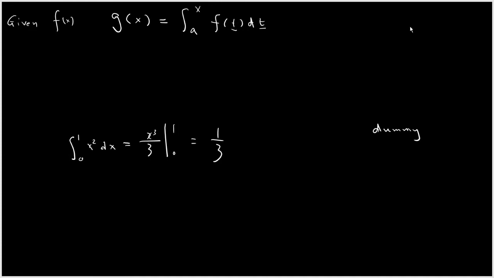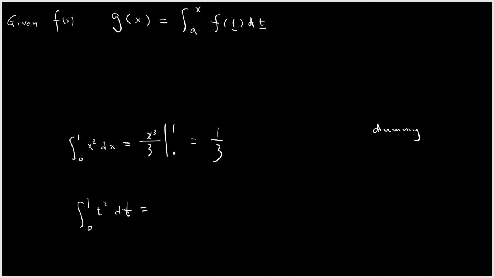Alternatively, I'm trying to show you why I call the integration variable the dummy variable. If I want you to evaluate the integral from 0 to 1, and I replace the integration variable with t, if I want you to compute the integral of t squared dt, you're going to do the same thing, right?